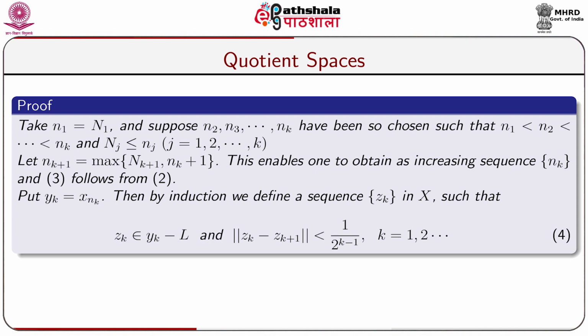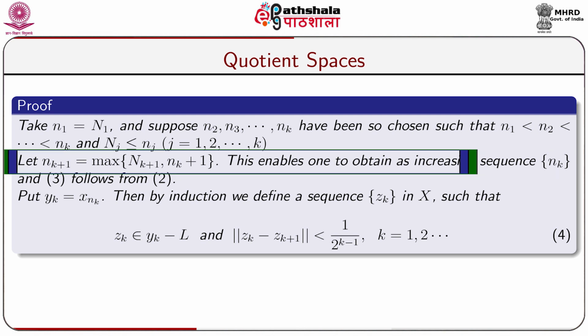Take n1 equal to capital N1, and suppose n2, n3, ..., nk have been so chosen such that n1 < n2 < n3 < ... < nk, and capital Nj is so chosen that capital Nj ≤ nj, where j = 1, 2, ..., k.